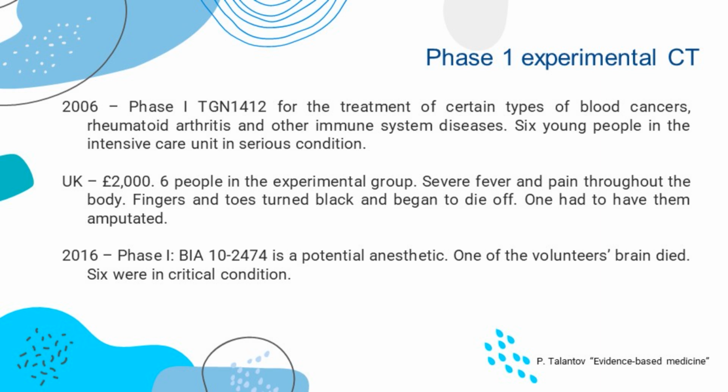A decade later, in 2016, another Phase 1 trial involving the experimental anesthetic BIA 10-2474 tragically resulted in similarly catastrophic outcomes. One volunteer was declared brain dead, and 6 others were left in critical condition due to unforeseen and severe neurological effects.